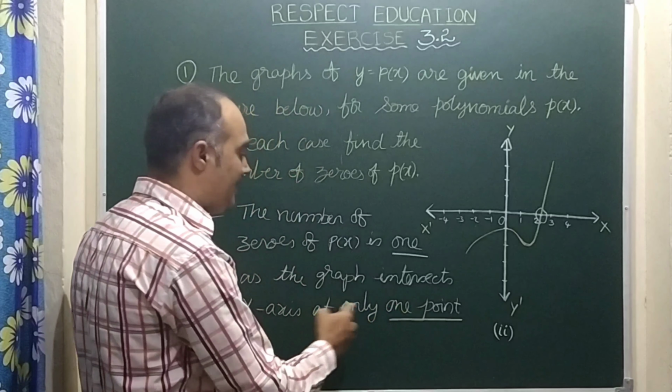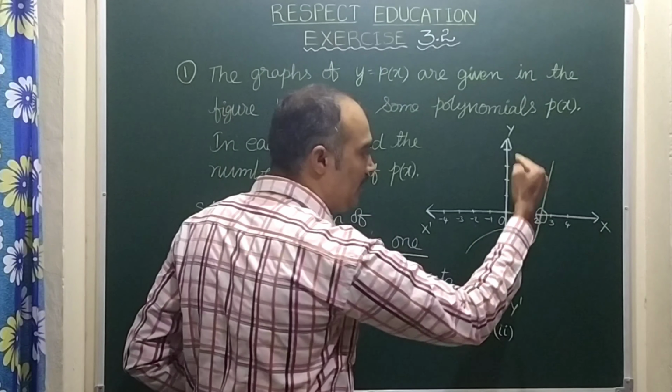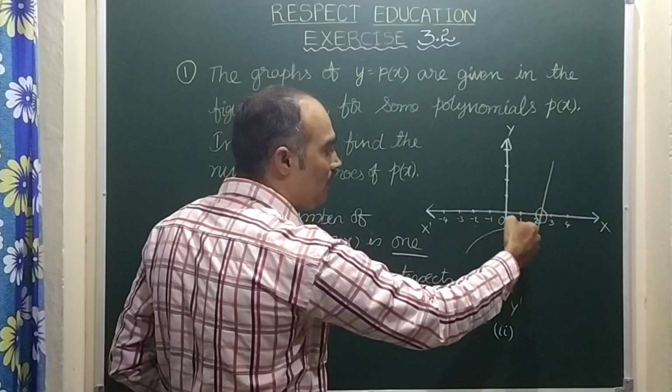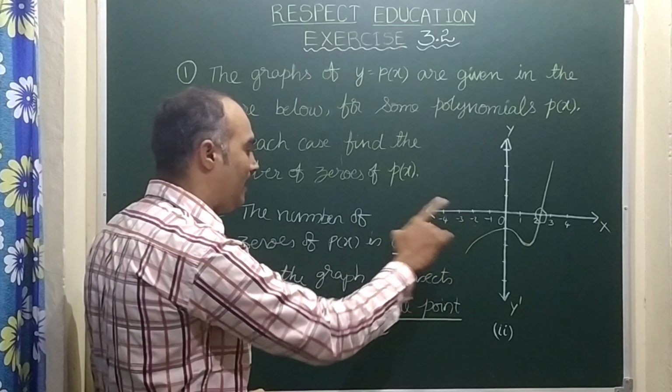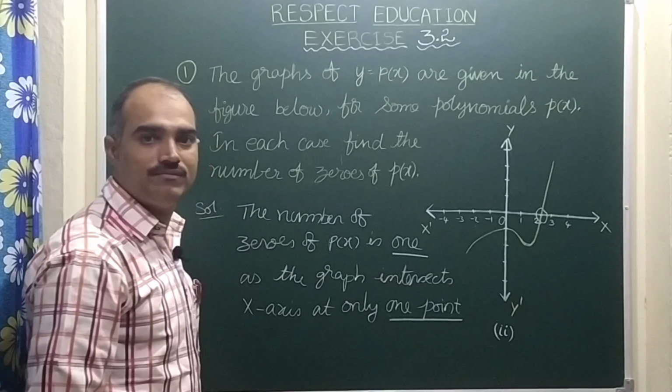So as it intersects the x-axis at one point only, that is the reason the polynomial has only one zero.